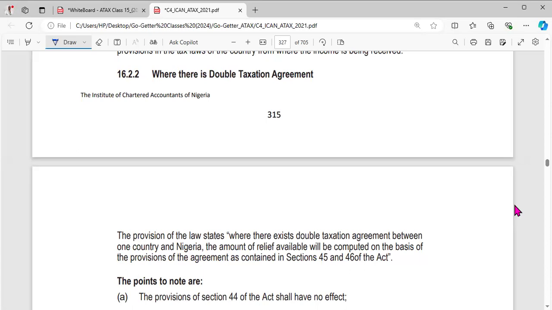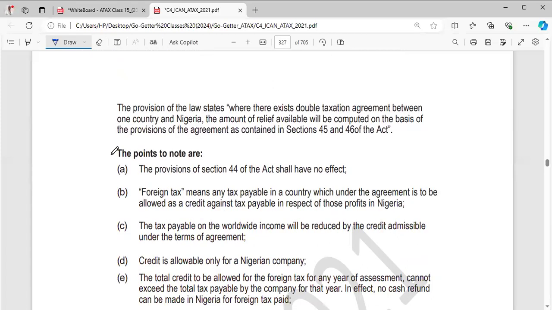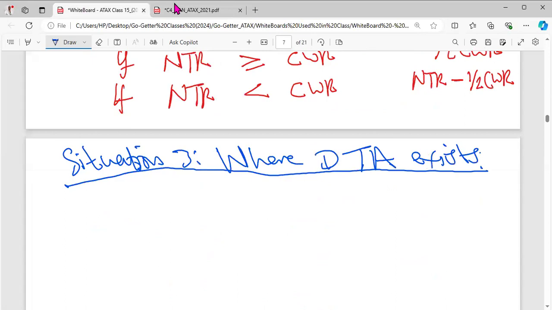So you will see now that when there is a double taxation agreement, it will favor you more than when there is no double taxation agreement. The points to note is that when there is a double taxation agreement, provisions of section 44 have no effect. So all the things we have been doing in scenario 1 and scenario 2 will never be done in situation 3. Never.